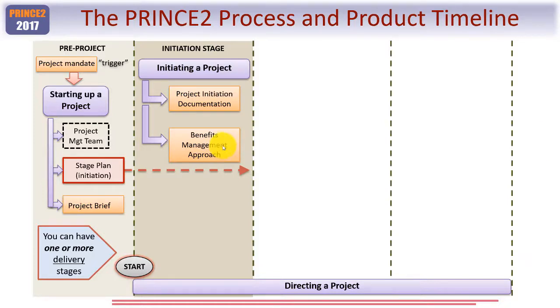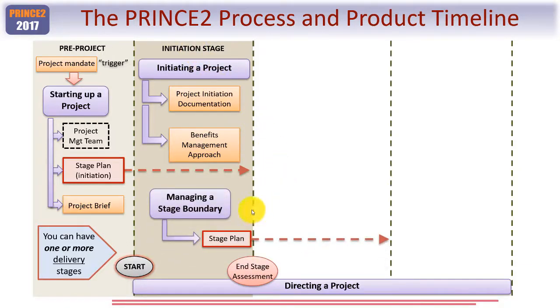What else happens in the initiation stage? Well, we need to prepare for the end stage assessment. Another important point. The end stage assessment that you hold at the end of the initiation stage is always the first end stage assessment, because the initiation stage is always the first stage, okay?